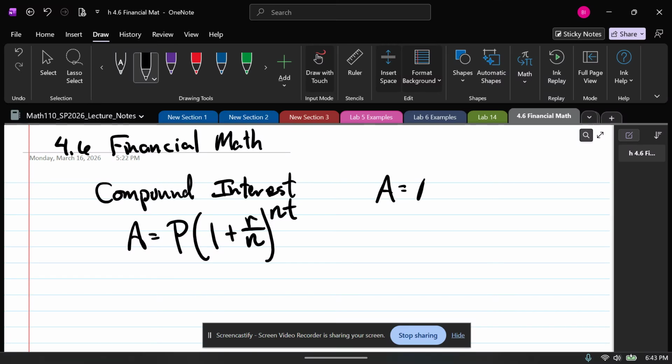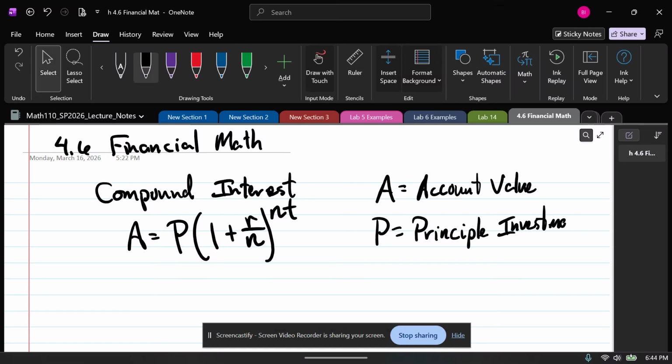your account value, P is your principal investment. You might call it the deposit. That's what it is. The R is your interest rate.